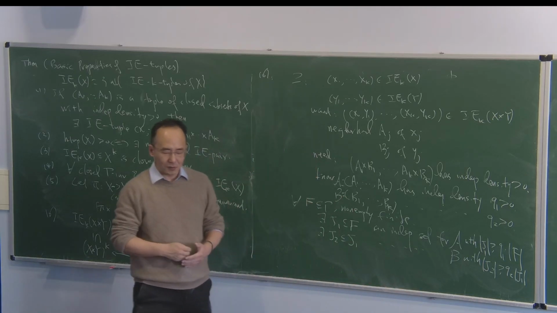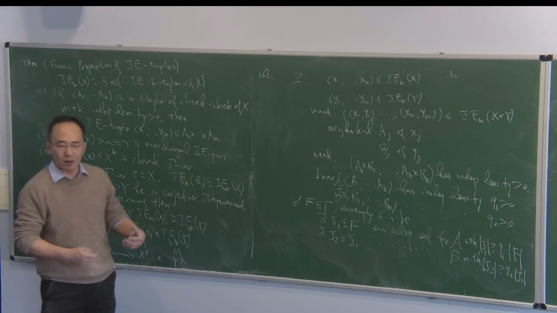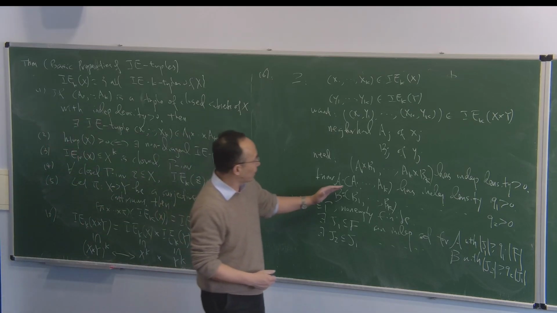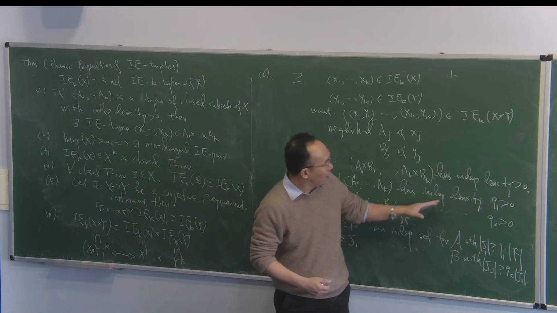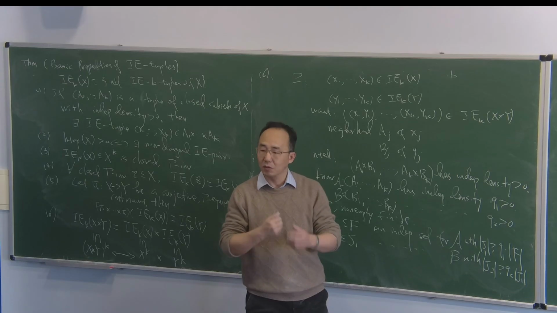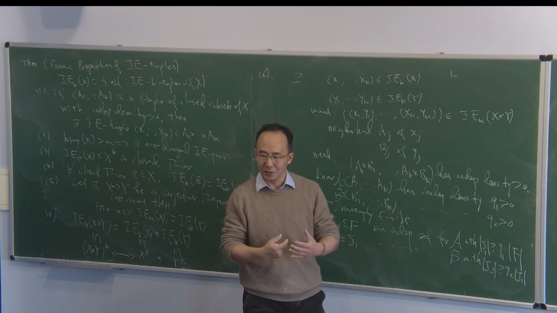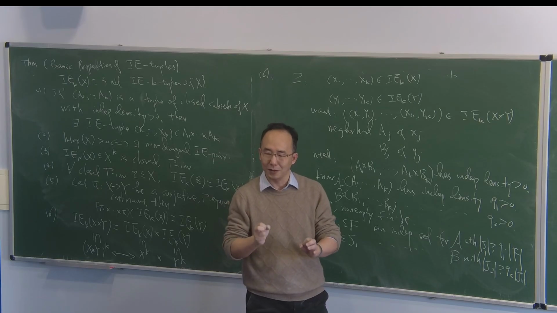Then what happens for sofic groups is that the IE tuples still have the property that in the neighborhood they have partial independence density, but we don't know what happens to the converse. So for sofic entropy, you get two notions of IE tuples.